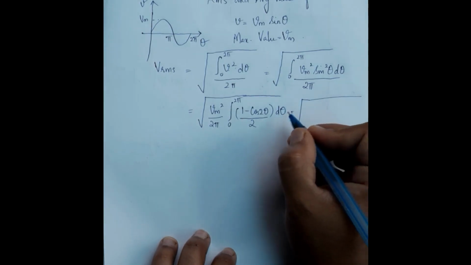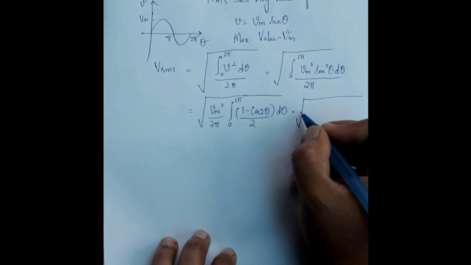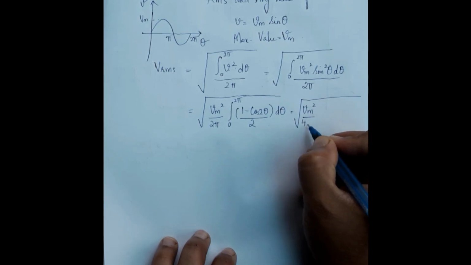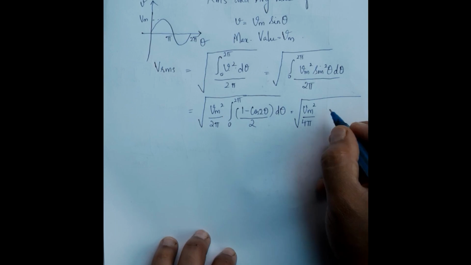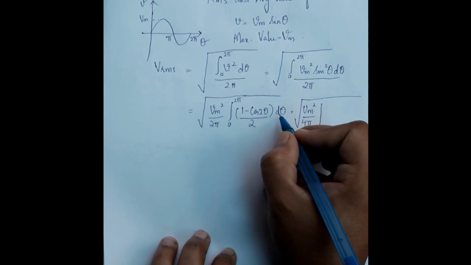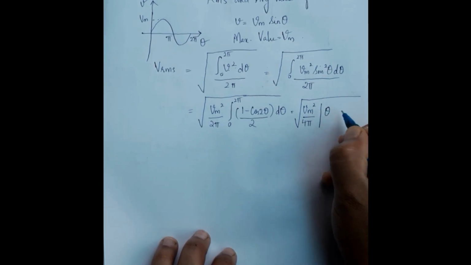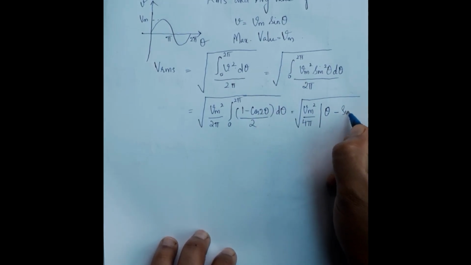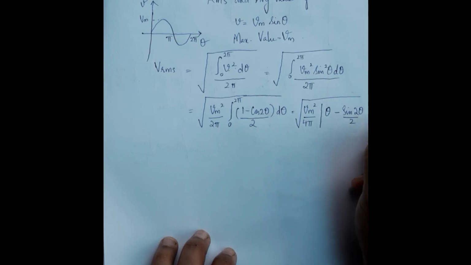Now let's take the 2 also outside. It becomes Vm square by 4 pi. And 1 d theta is theta. And cos 2 theta is sine 2 theta by 2. We have to integrate over 0 to 2 pi.